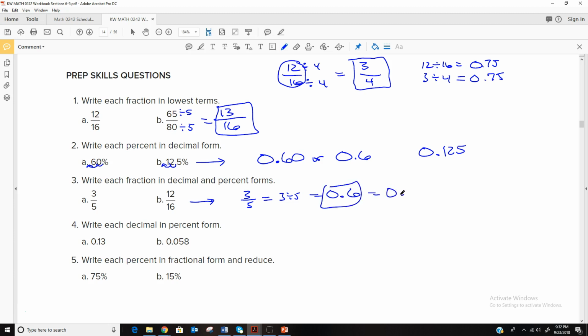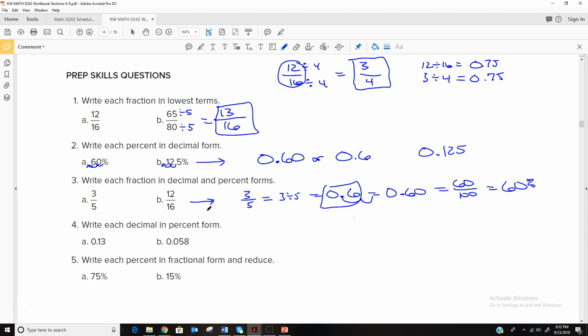That's the same as 0.60, which is 60/100ths, which is 60%. You also don't have to necessarily do this. You can just shift this 2 to the right. We just have to add a 0 on the end. But 3/5 is the same as 0.6 is the same as 60%.